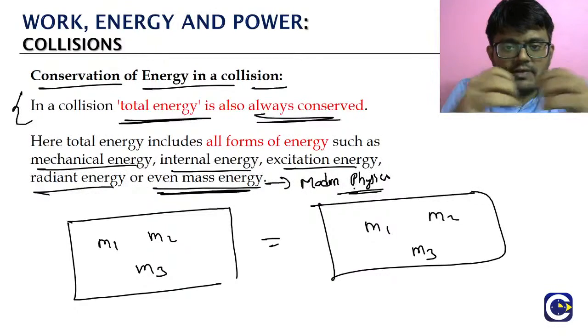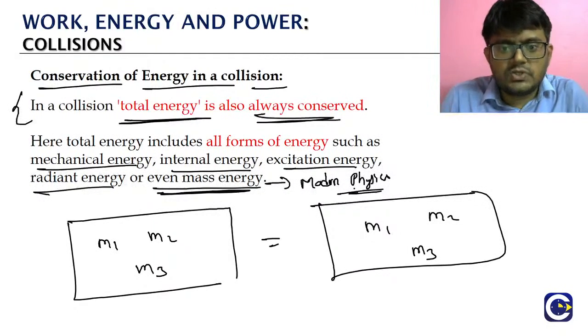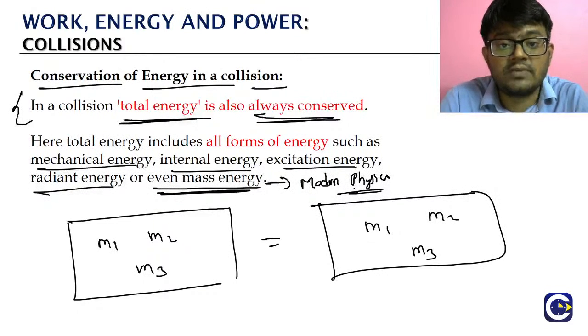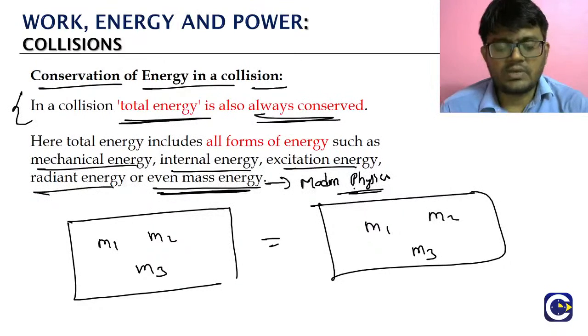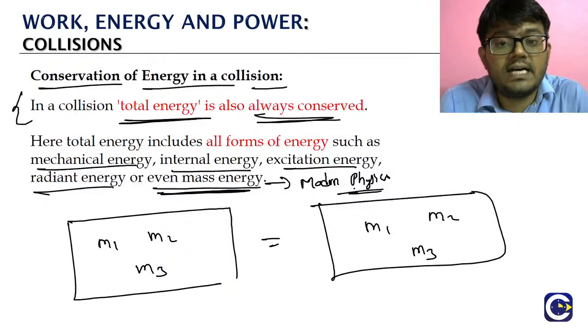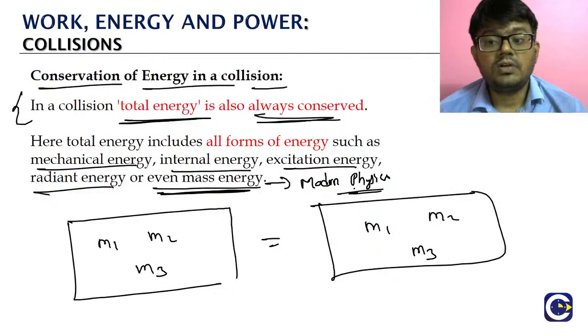Two small nuclei fuse into each other to produce a larger nucleus. So in these nuclear phenomena, some amount of mass will be converted to energy. Some amount of mass will be converted to what? Energy. So there we also have to take into account the energy converted into mass, or mass converted into energy. Those things we have to also consider.